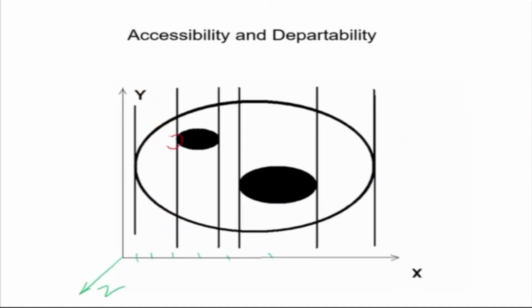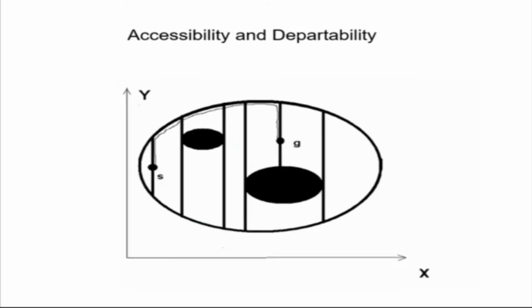Now I've got my critical points here, here, here, and here. Suppose I want to go from S, which is my start point, to my goal point. I can draw another slice through here, and it is giving me a path. This is my path, and I can go to my goal point here, avoiding this, and this.